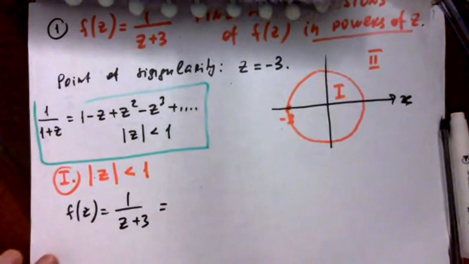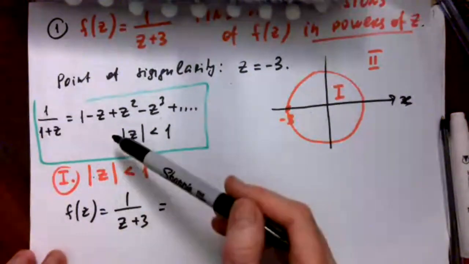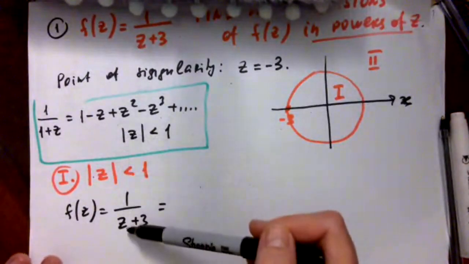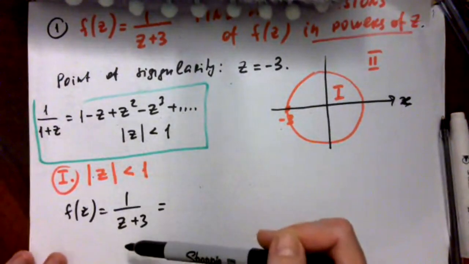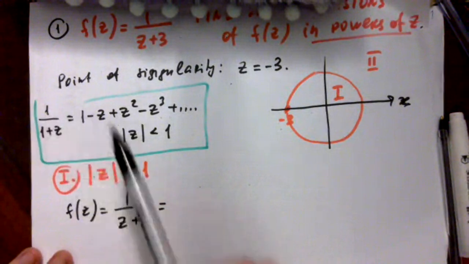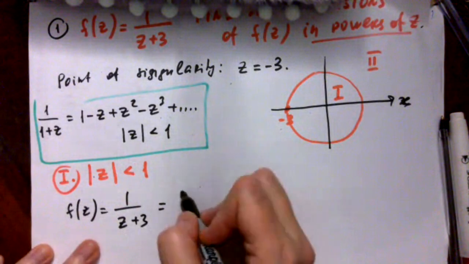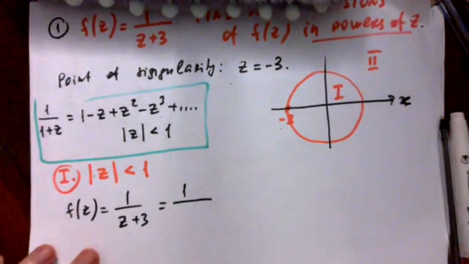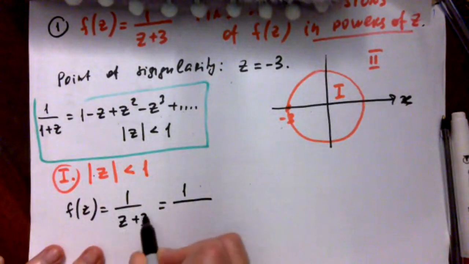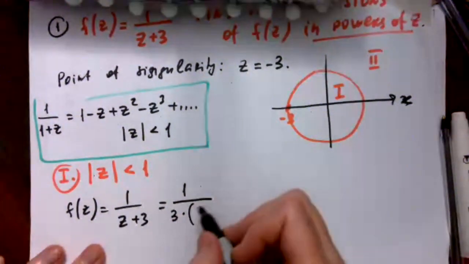And let's try to figure out now how we can use this standard canonical expansion to expand our function. It turns out that you need this one in the first place. How can we get one here? The trick is very simple. You can just factor out 3 from these two terms in the denominator.